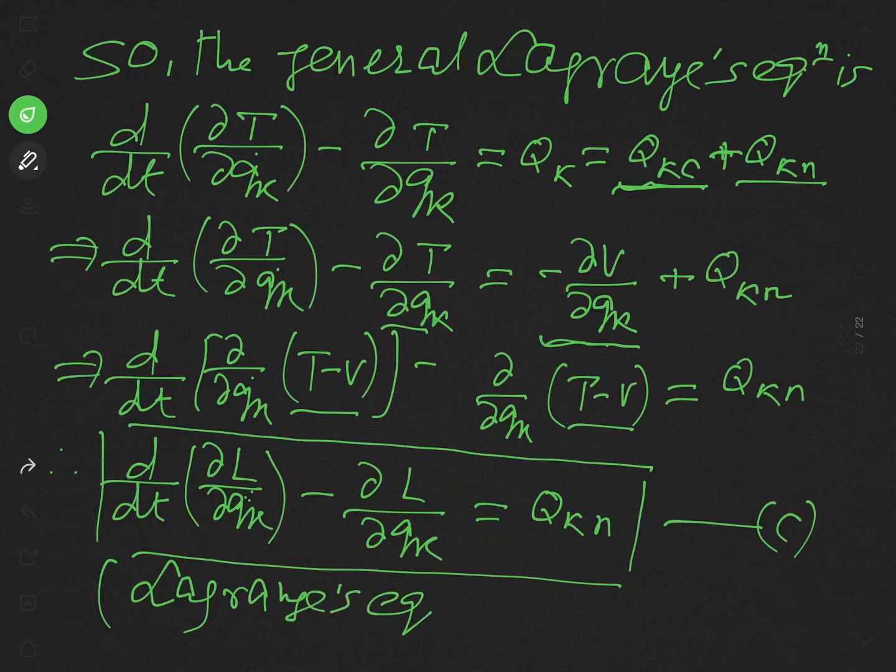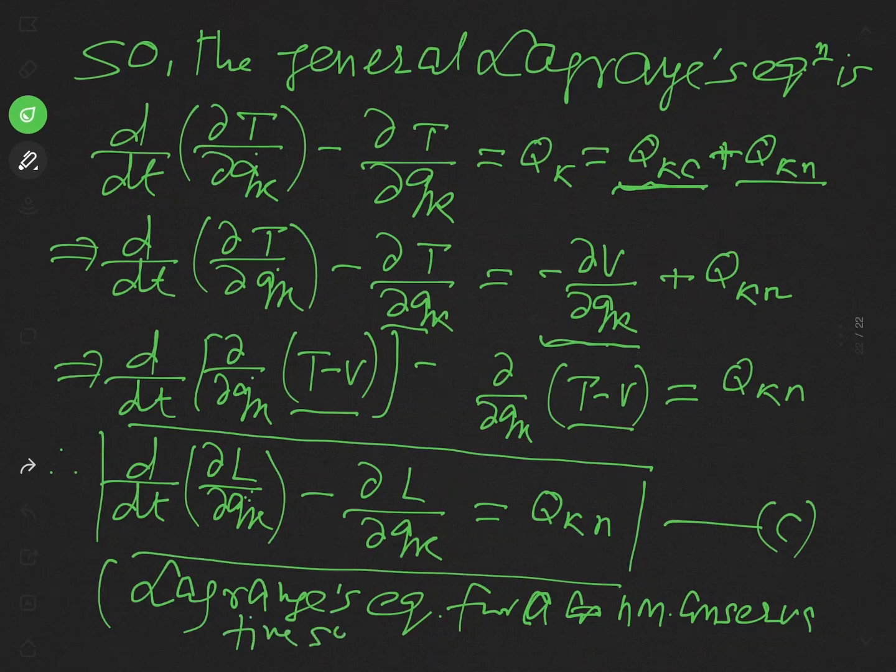This is the Lagrange equation for a non-conservative system.